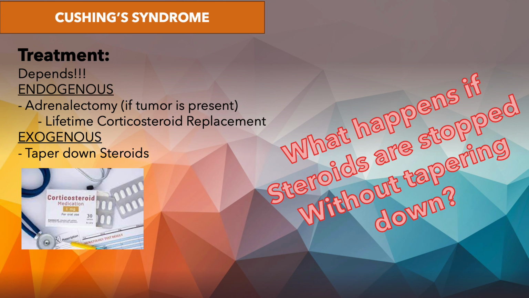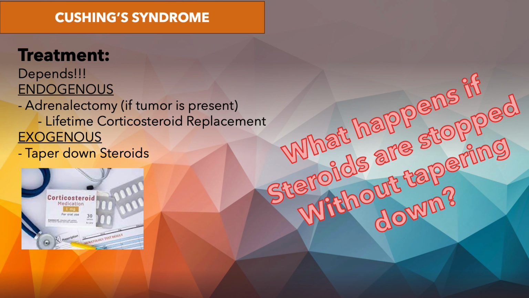So if the corticosteroid medication is stopped, it's going to take a while for the adrenal gland to start functioning. It's going to take a while to start to produce any cortisol, aldosterone, or androgens. And since the body is not going to have any of those, this is going to cause what we know as an adrenal crisis, which we'll go over in the next slide.